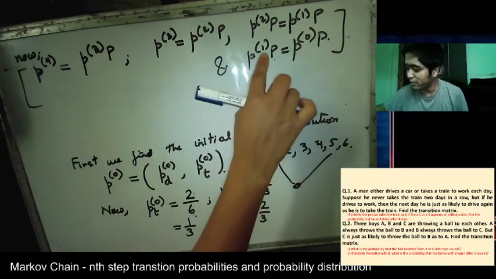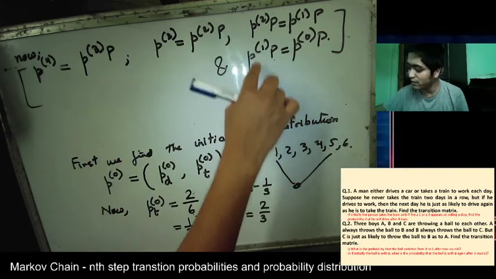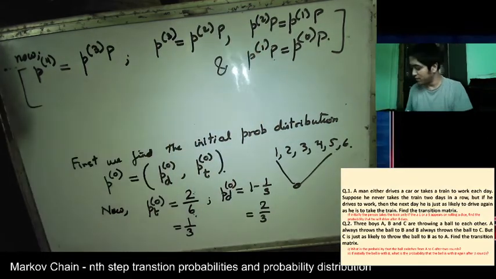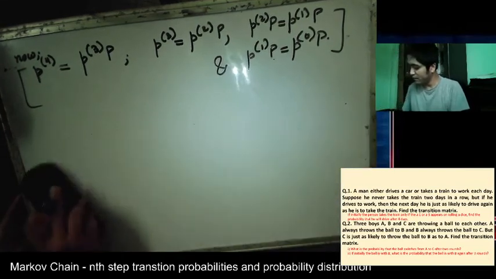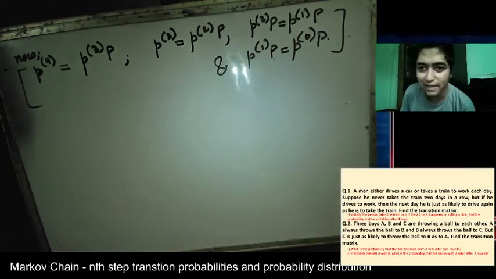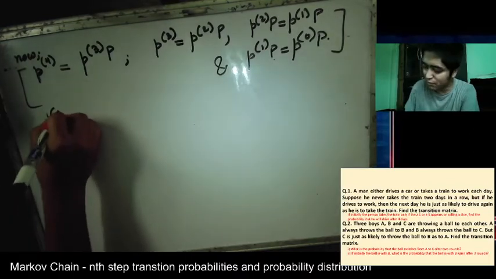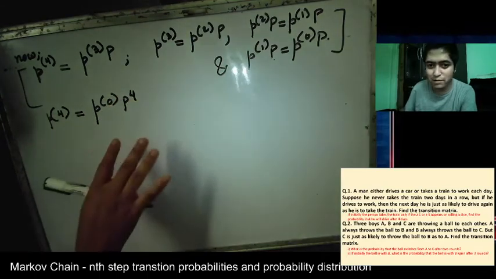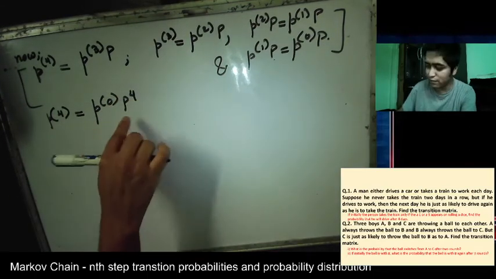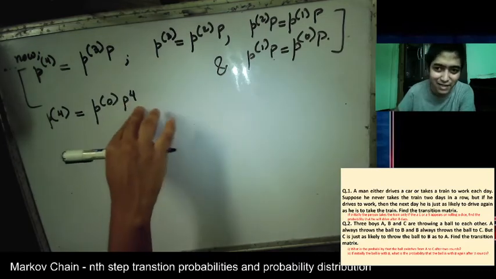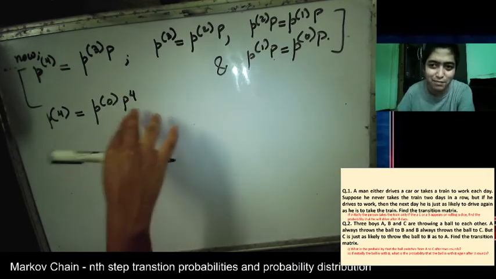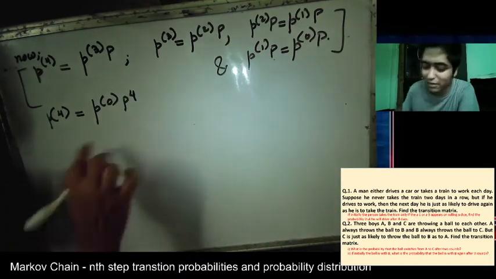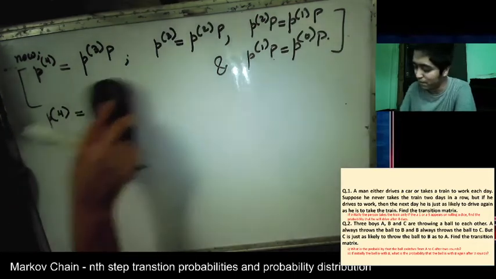We first need to find P1, then we can find P2, then P3, and finally P4. You may be thinking that we can simply use P0 times P to the power 4. But I don't suggest using this directly, because here you will be taking the matrix to the power 4, which can be very difficult. It will take you a lot of time to raise the matrix to power 4.